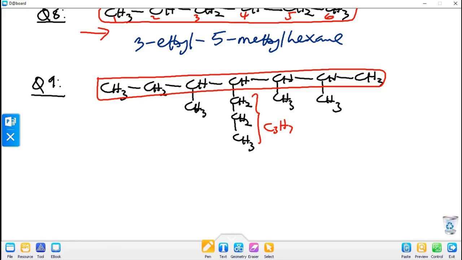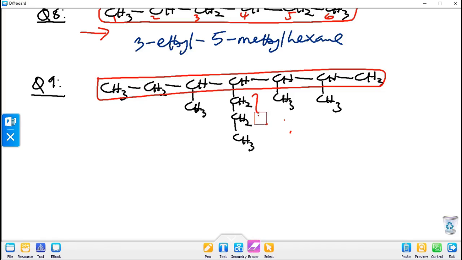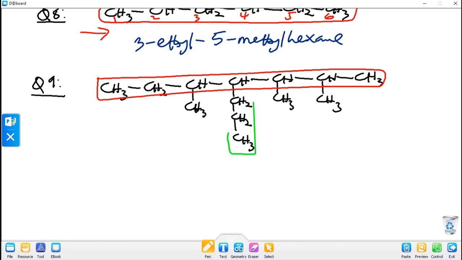But another student may choose to go this way, taking the count this way: 1, 2, 3, 4, and then 5, 6, 7.